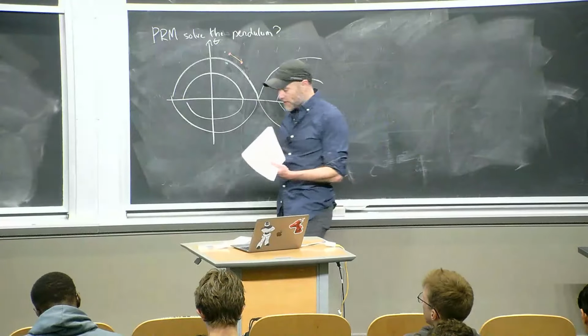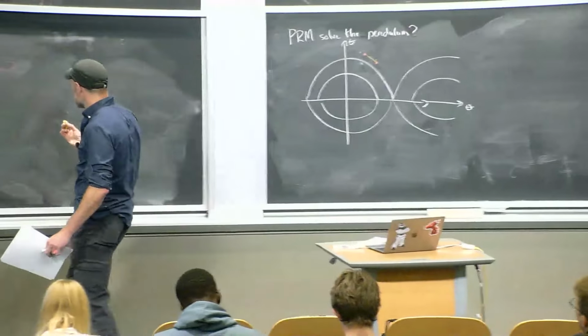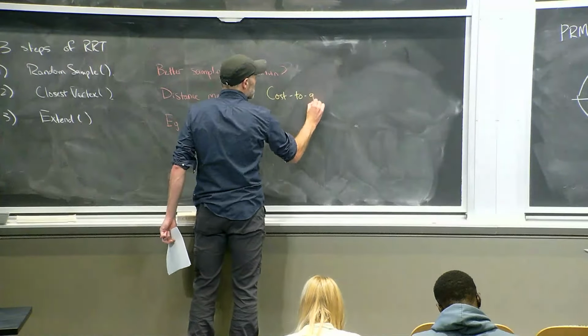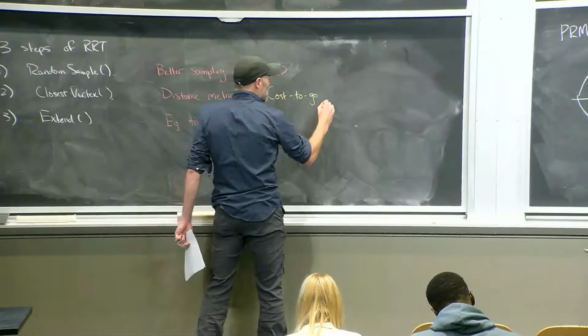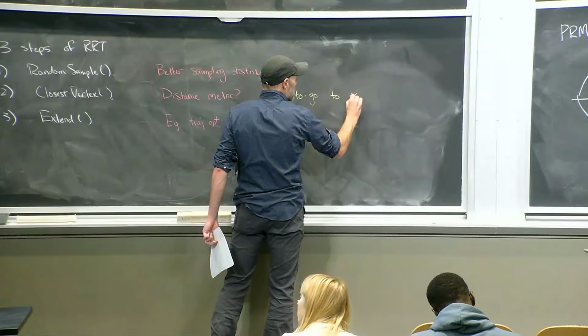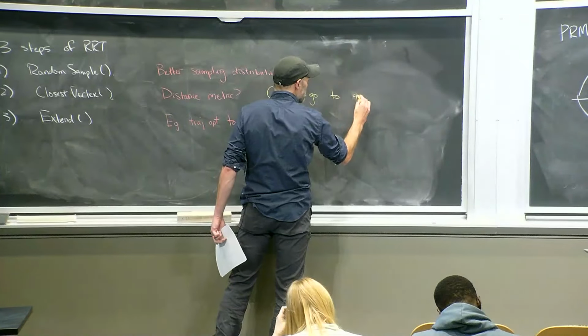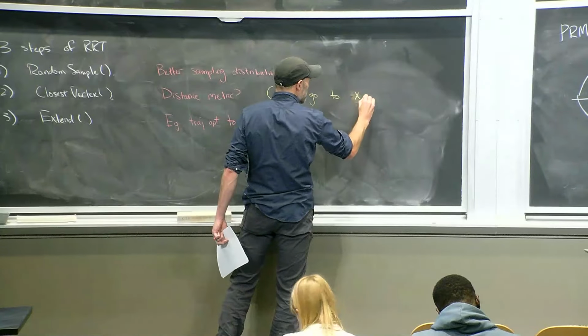All right, so I think that's a key idea here: let's think about the cost to go to X, or let's say Q in these problems. Well, I'll say X because we're in state space now. X random.